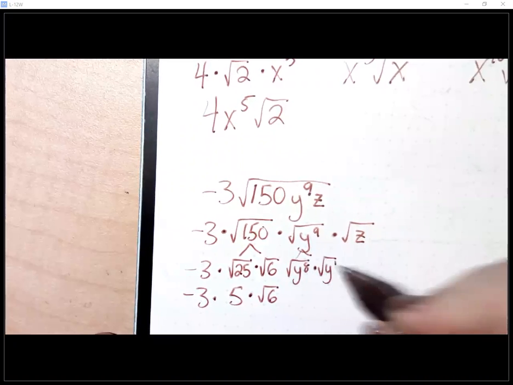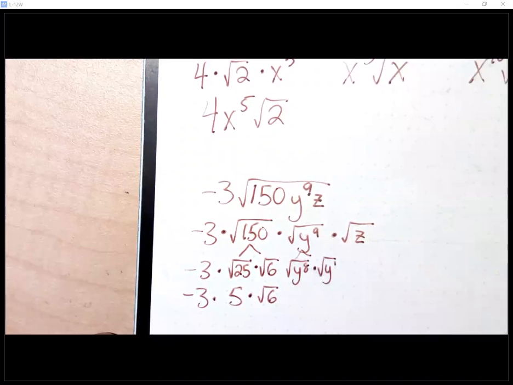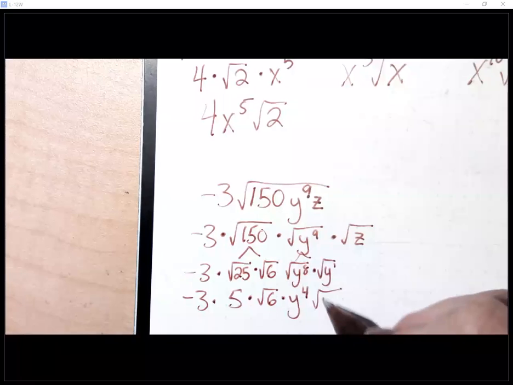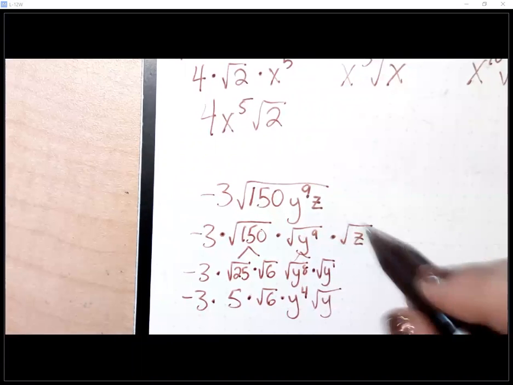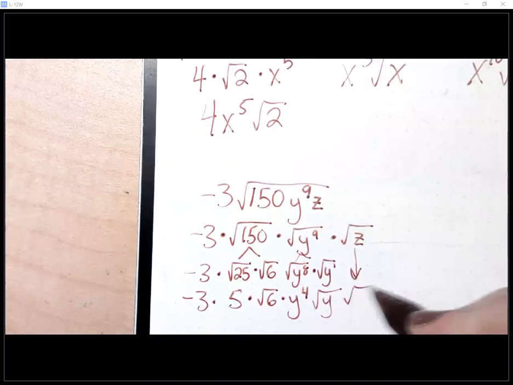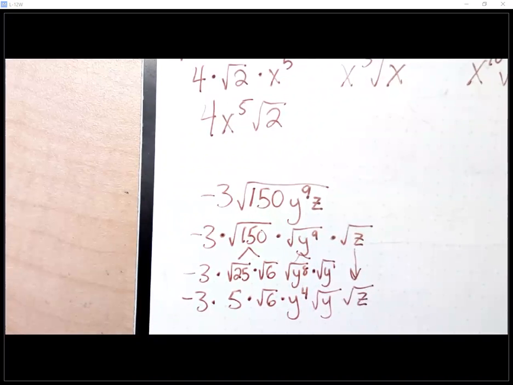The square root of y to the 8th is y to the 4th, and then square root of y to the 1st. I can't do anything with that, so it stays square root of y. Similarly, I can't do anything with the square root of just z. I can't go one lower because I'm at 0, so it comes straight down as square root of z.